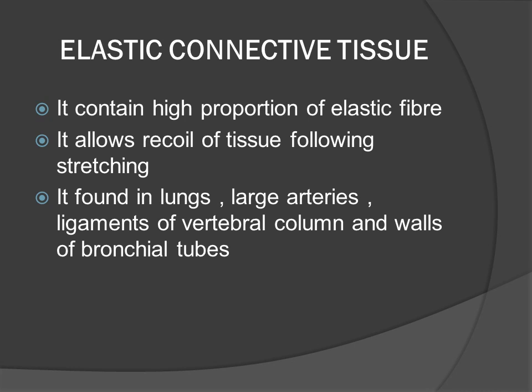Then the walls of the bronchial tubes. The trachea divides into branches, the bronchi and bronchioles. In the lungs, the bronchi also expand and recoil, so those regions are made up of elastic connective tissue. Clear?